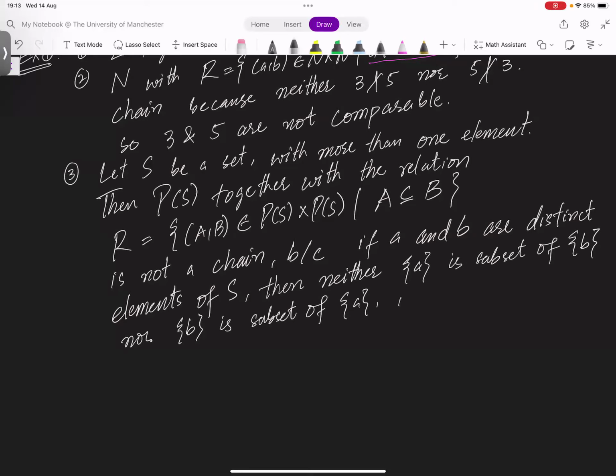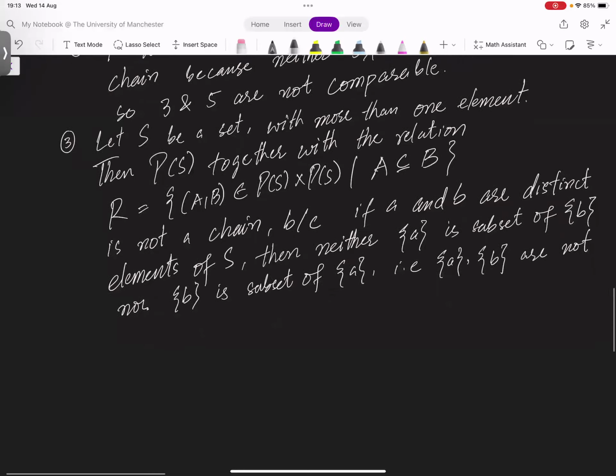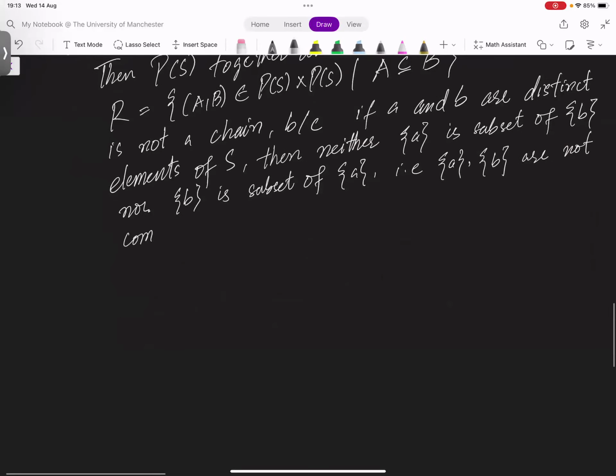So these two sets are not comparable. That's why this power set with this inclusion relation is not a linearly ordered set. Perfect.